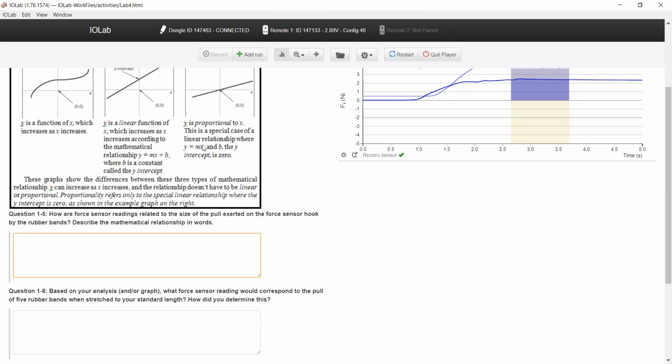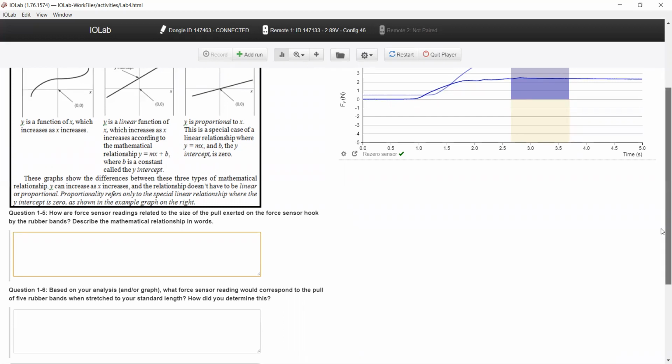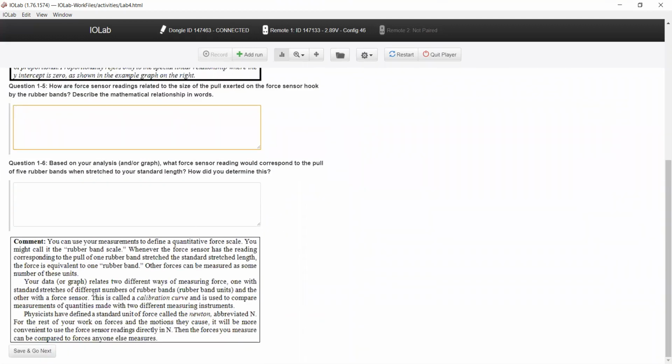So for 5 rubber bands, you use the equation based on those 3. Force equals some constant times the number of rubber bands, so some constant times 5 gives you the force for 5 rubber bands. If you want 6, you will replace it with 6. Okay, that was for this one.